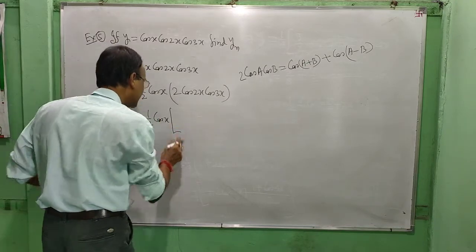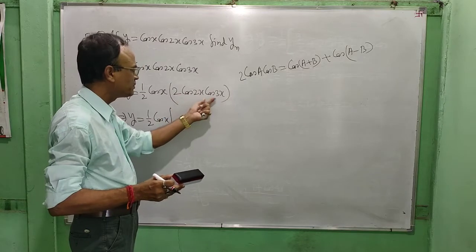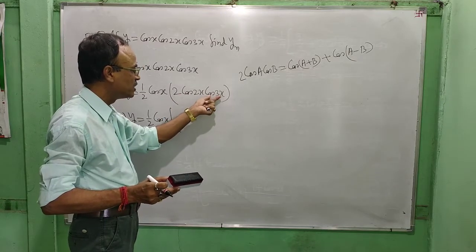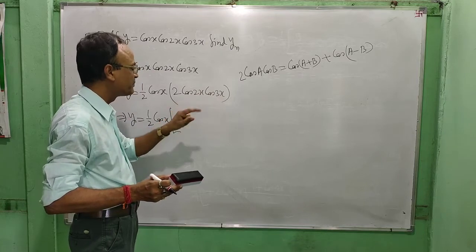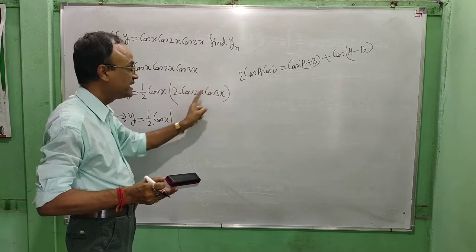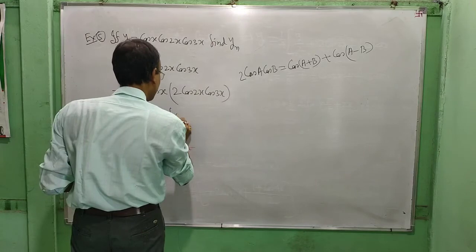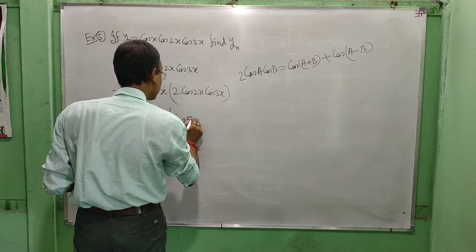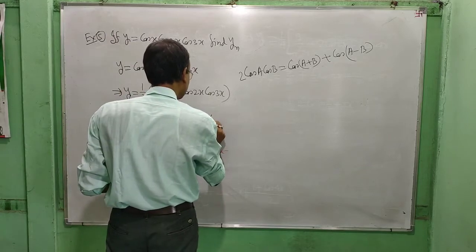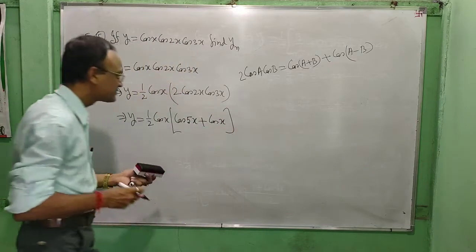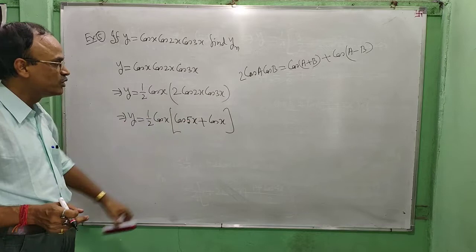Here, 2 times, suppose this is A, cos 3x is cos A, cos 2x is cos B. 2 cos A cos B, cos(A+B) means cos 5x, plus cos(A-B), it will be cos x.